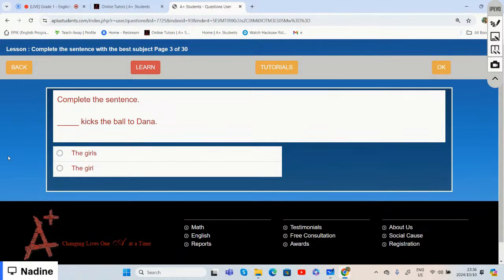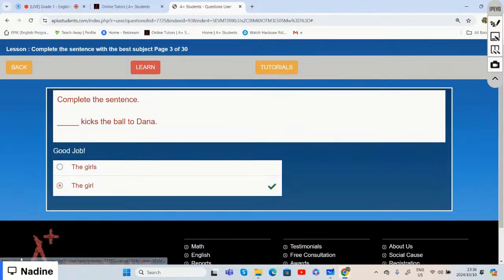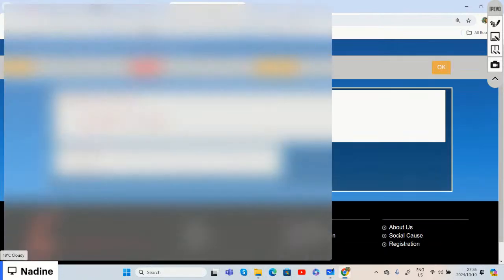If we were to choose the correct one, we will say the girl, option two: one girl kicks the ball to Dana. One girl.